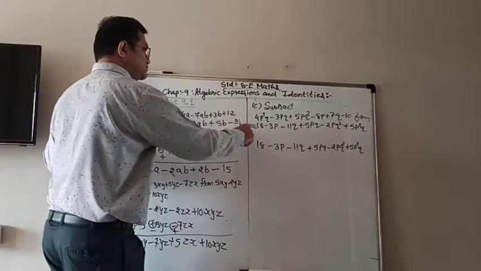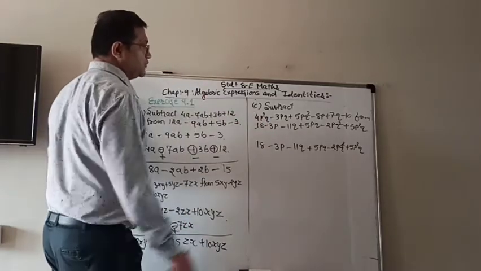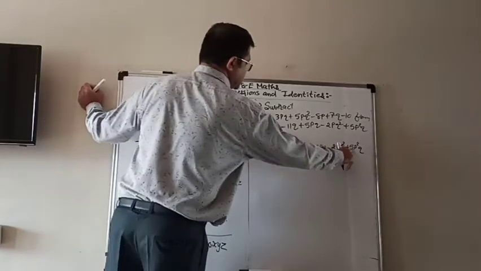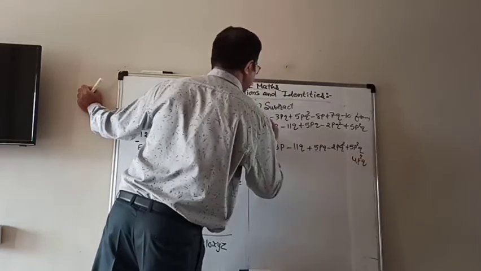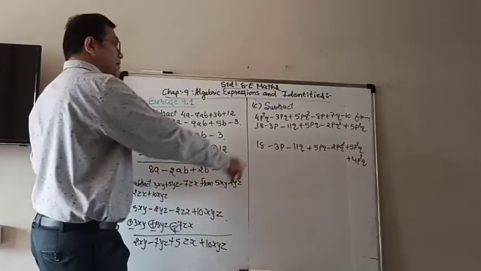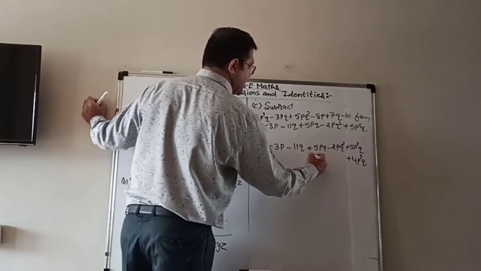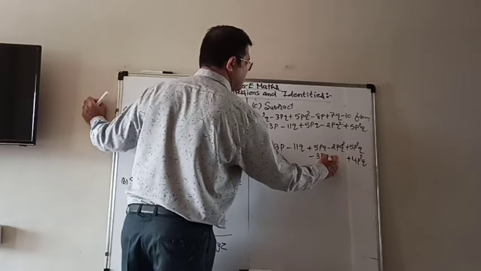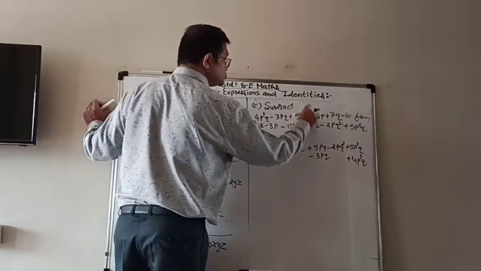Now from this one, 4p square cube. So now we have to be careful. P square cube is at last here. So 4p square cube will be there. No sign, so we have to take it as plus. Minus 3pq. Where is pq? Here. So minus 3pq will be under the pq. Then 5pq square.